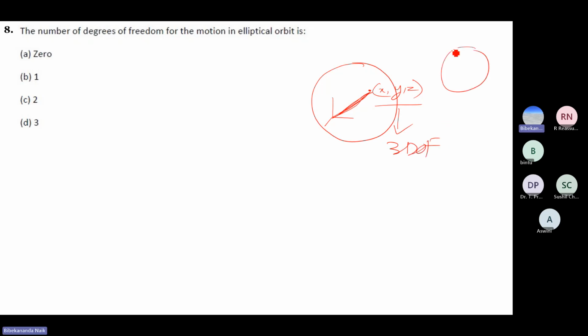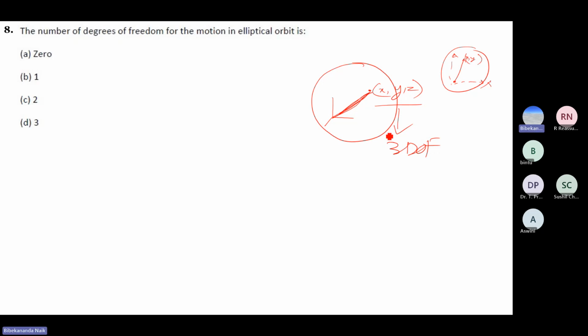Similarly, in case of a plane, suppose this is the origin, and the object is at this point. If this is the x-axis and this is the y-axis, this point will be xy. So we need 2 coordinates or 2 variables which are changing. If you only say x, then we can't say the position with respect to the y-axis.